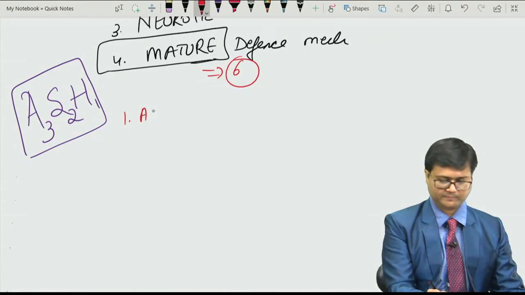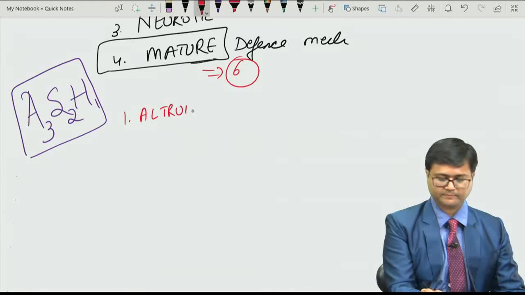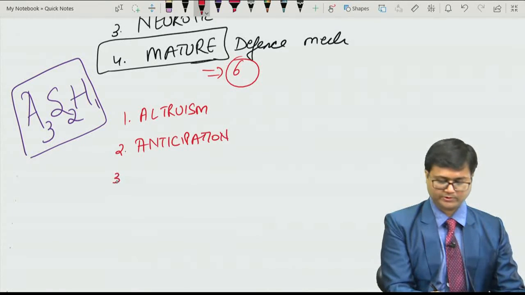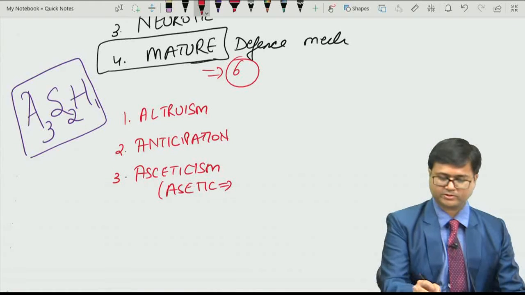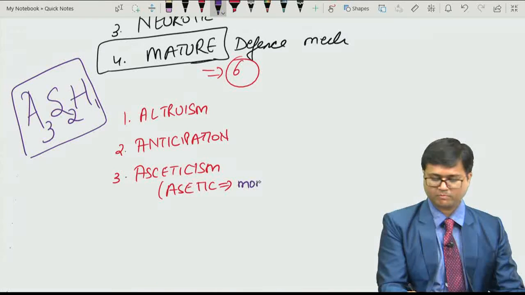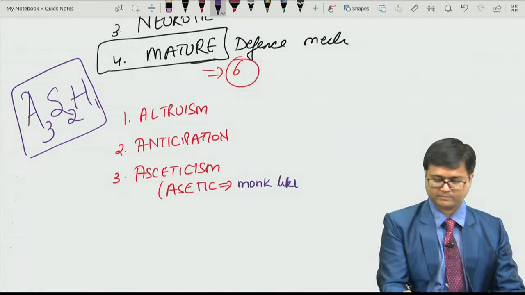So this is how we can learn with a mnemonic the various mature defense mechanisms, which include: first, altruism; second, anticipation; third, asceticism. It is derived from the word ascetes, which means monk-like.